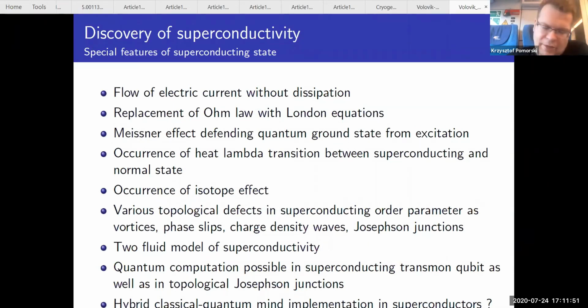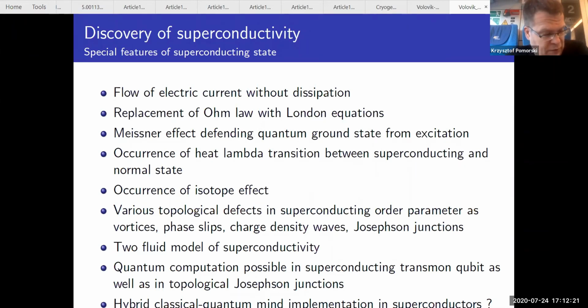So basically London equations are about flow of electric charge being proportional to vector potential presence. So it's very much like in the Schrödinger equation. And then there is occurrence of the heat lambda transition both in superfluids and in superconductors.